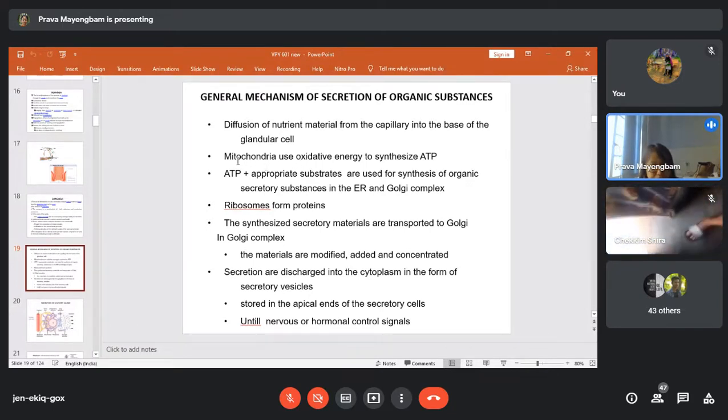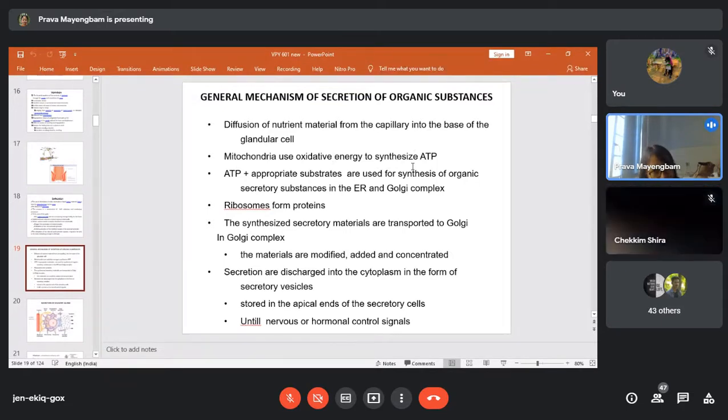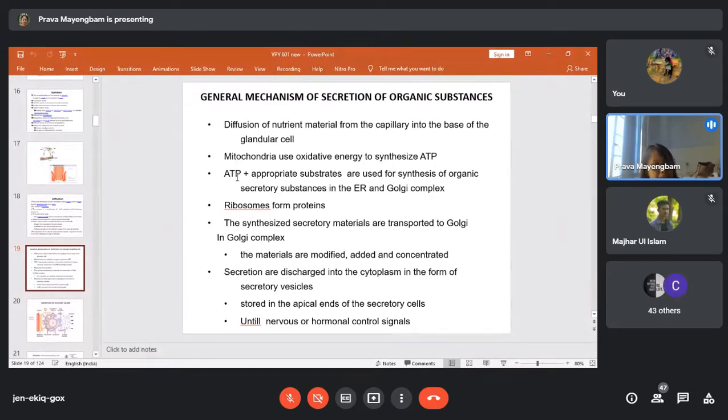Mitochondria will use the oxidative energy to synthesize ATP, and in addition to that ATP, other required substances are needed, whether it is the salivary gland, the pancreatic gland, the liver, or the stomach. Depending on the type of the cell and the type of the gland, the appropriate substances will be incorporated along with the ATP.